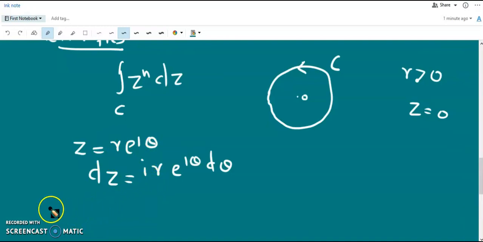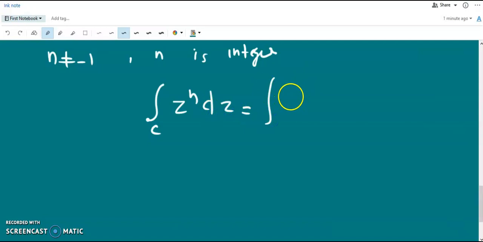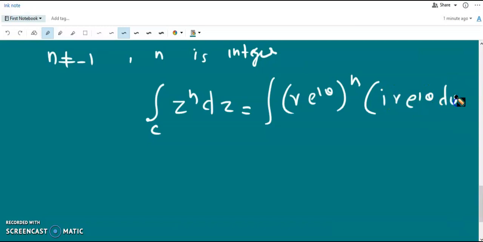The first case is for n not equal to minus 1, where n is an integer. So this integral over C of z to the power n dz can be written as (r e to the power i theta) whole to the power n, and dz is i r e to the power i theta d theta.